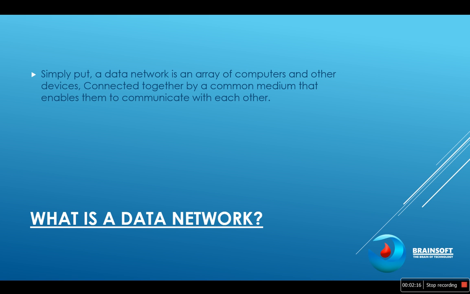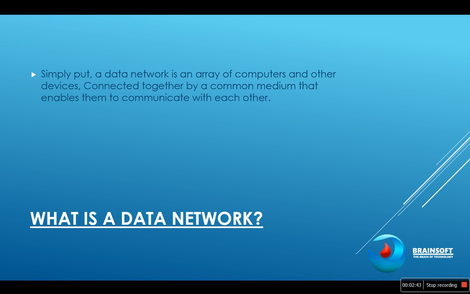Let me try to explain what is on the screen. Assume you have 5 PCs in the home, and you connect them using a common medium to communicate. That's what we call a data network.